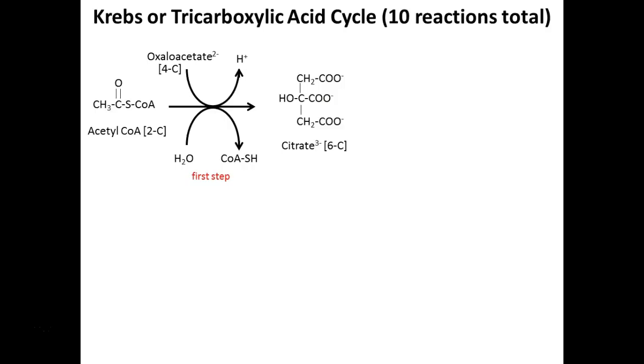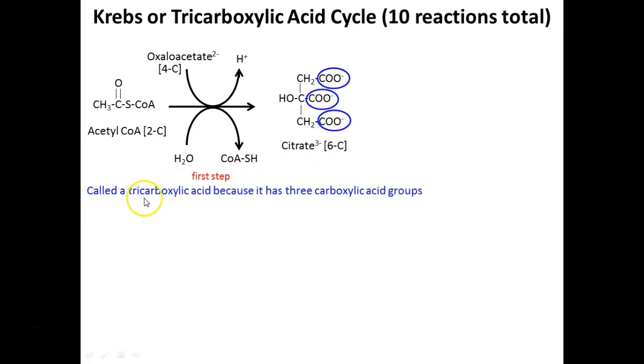That's why the Krebs cycle is sometimes referred to as the citric acid cycle, and also as citrate, which we're going to talk about again today. Citrate also has 3 carboxyl groups, so that's another reason why it's referred to as the tricarboxylic acid pathway. Again, it's referring to what citrate is.